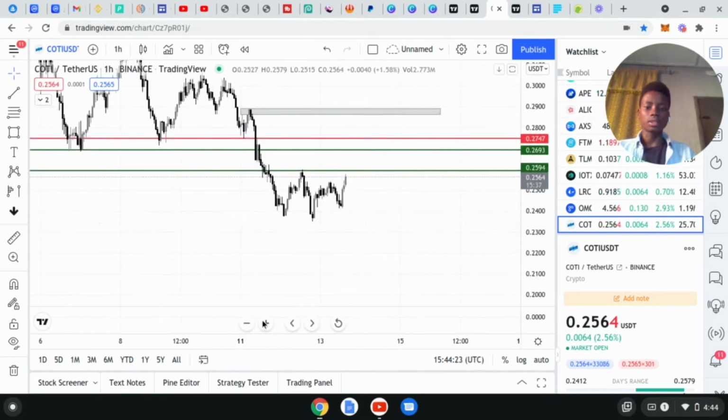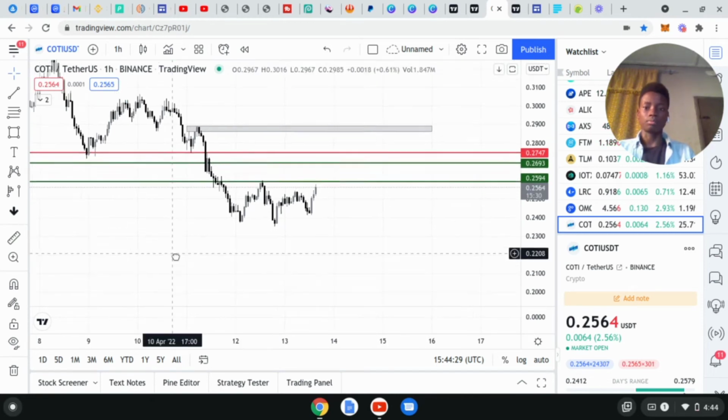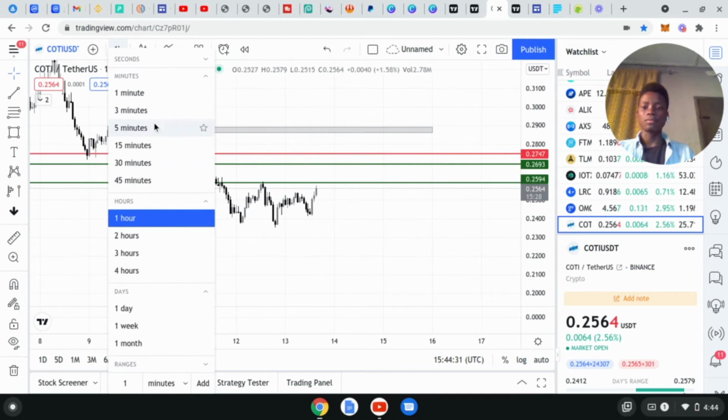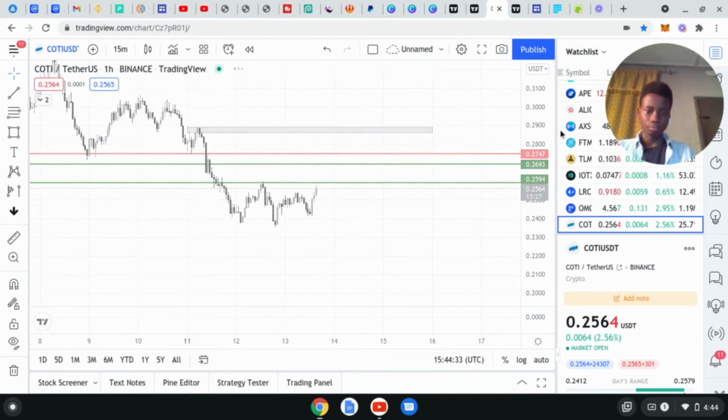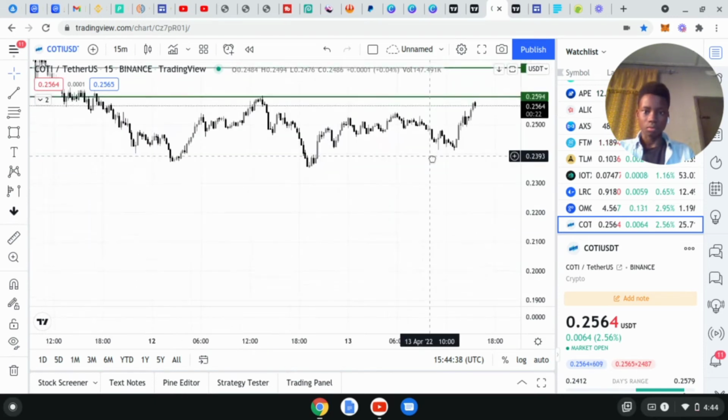All we need now is more price action to determine whether Coti is really going down or going up. You can still head down to the 15 minutes to refine it more.